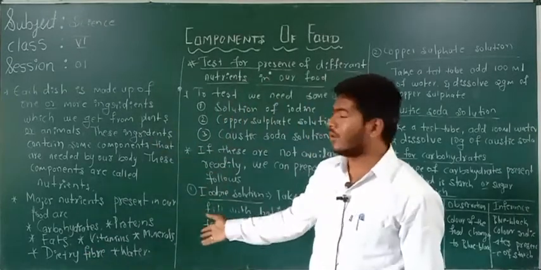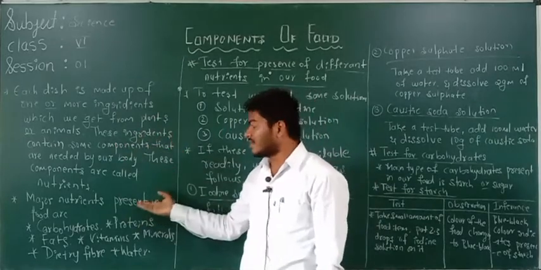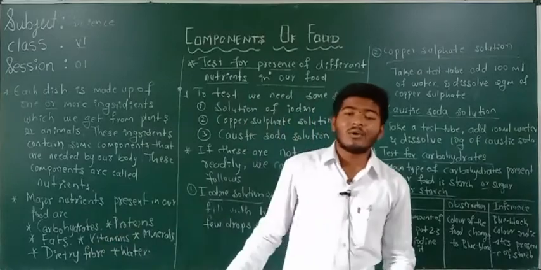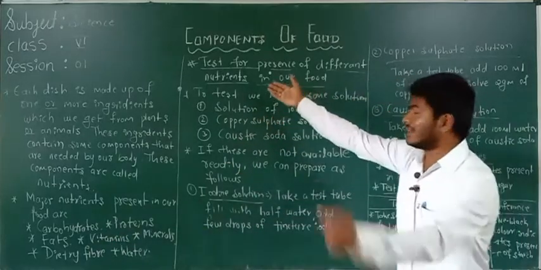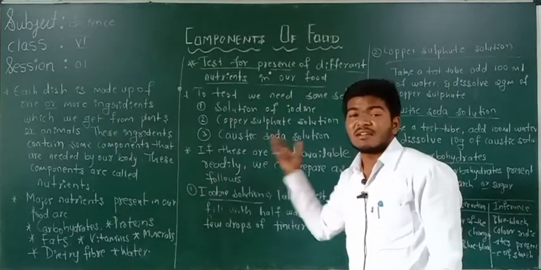This is all for today. We covered what nutrients are, what the major components present in food are, what the major nutrients are, and how we conduct tests to know the nutrients present in our food.